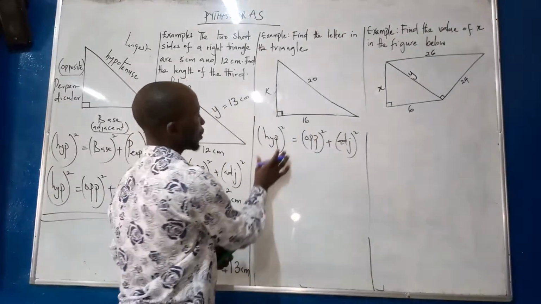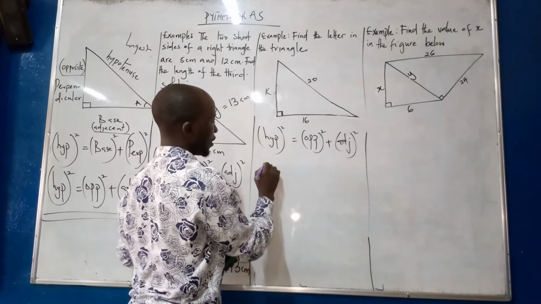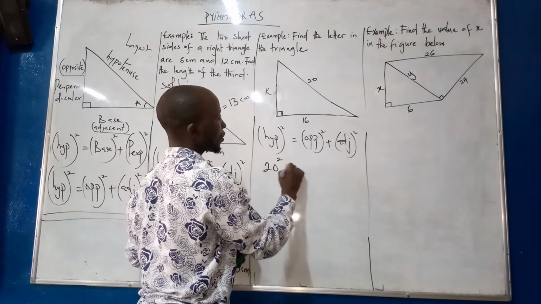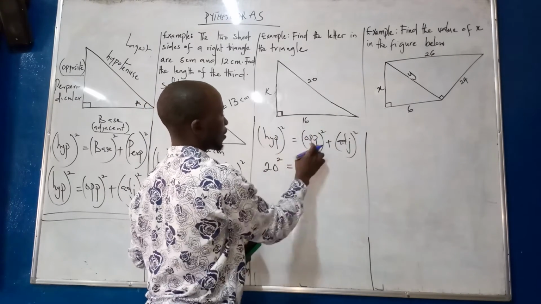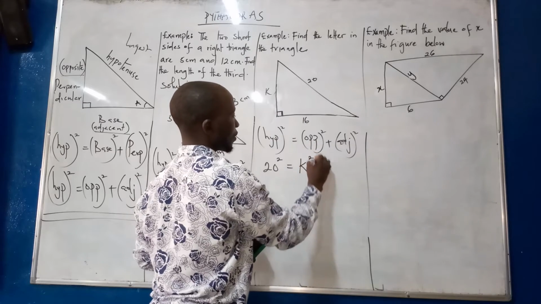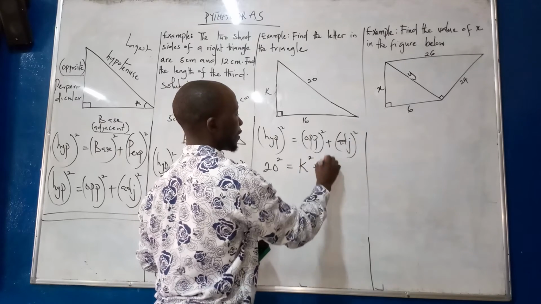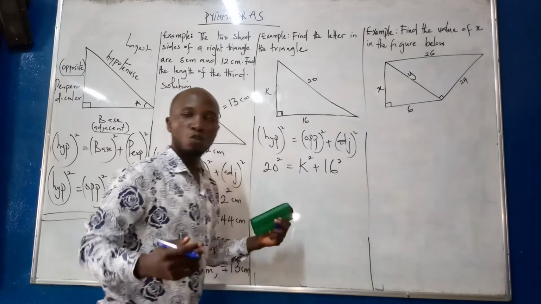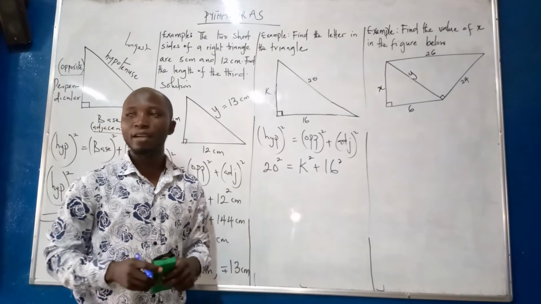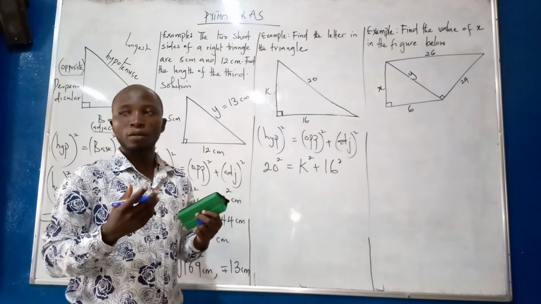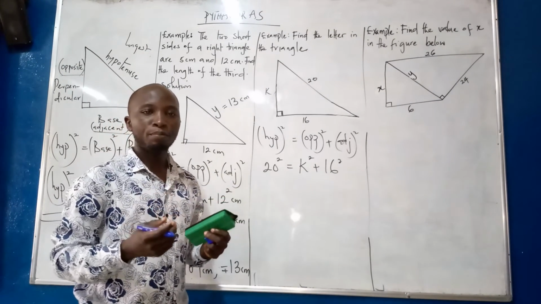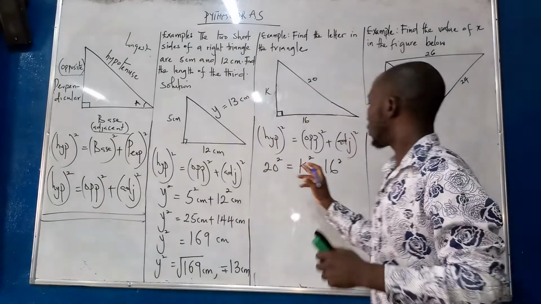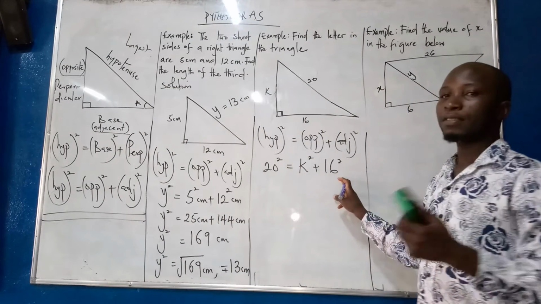In this case, our hypotenuse is 20. So we have 20 square equals, let's take k as the opposite, k square plus the adjacent square, which is 16 square.